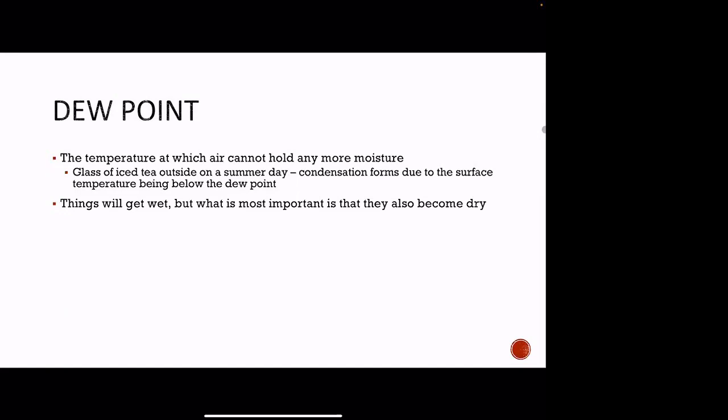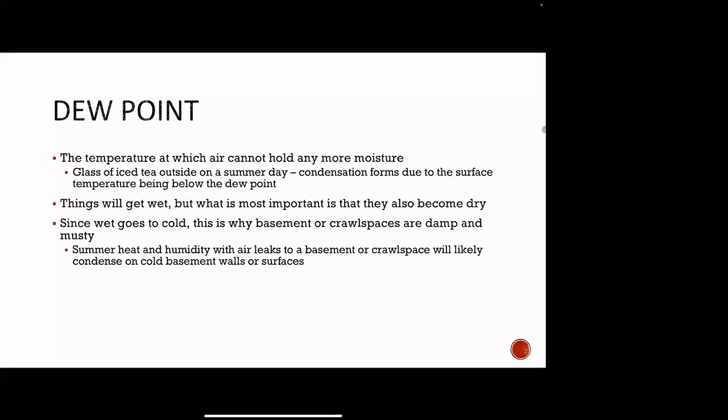Things will get wet, but it's okay if, and most importantly, that it becomes dry. Okay, so if things are going to get wet, they've got to get back under control. Since wet goes to cold, this is why basements or crawl spaces seem damp or are damp and musty. So think of it this way. Summer heat and humidity with air leaks to a basement, such as on a rim joist or perimeter of the home, will leak into that basement or crawl space.